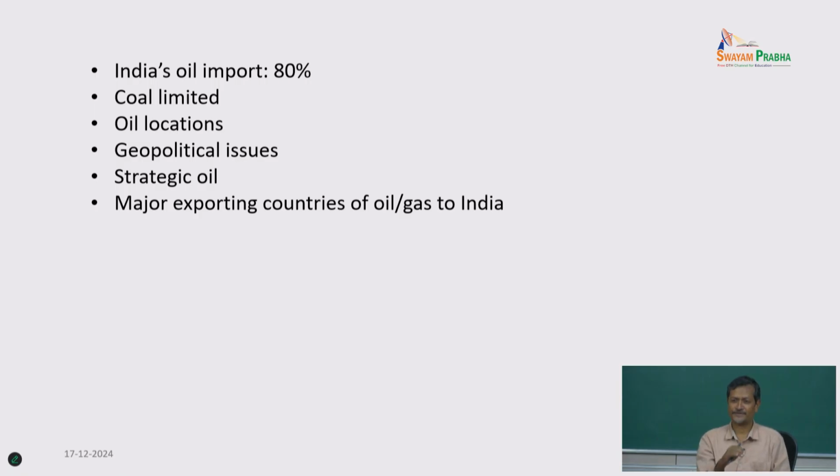India imports oil from many countries, not depending on only one country. Why? Because if one country has political or other trouble, there will be a lack of supply. So, India depends on Saudi Arabia, Iran, Russia, USA and many other countries. If one country is having difficulty, other supply should continue, and we are importing 80% of our oil.